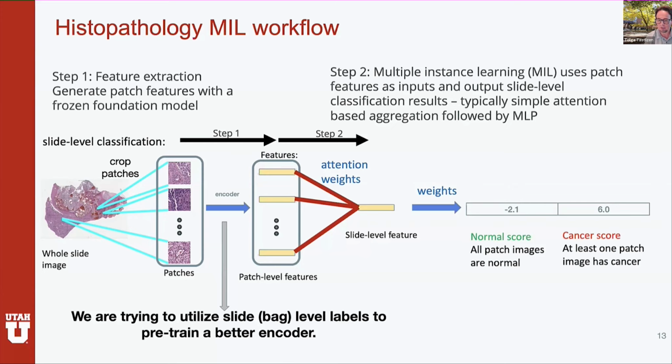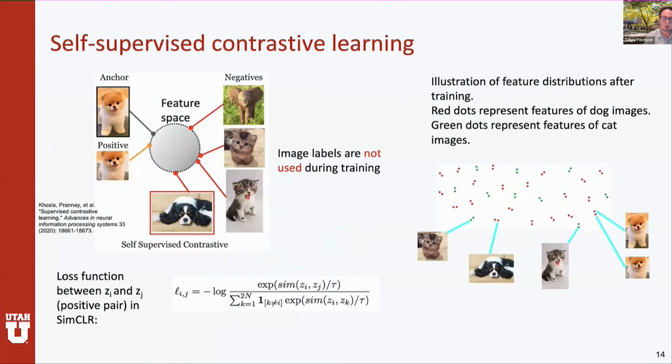On the other hand, if the features are disentangled for your particular task, then that second step is going to have an easier time. So in this part, essentially, we're asking, can we do this? Can we utilize slide level labels to pre-train the encoder so that we make the task easier for that second step?